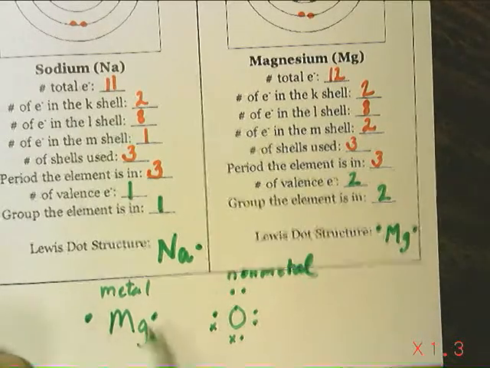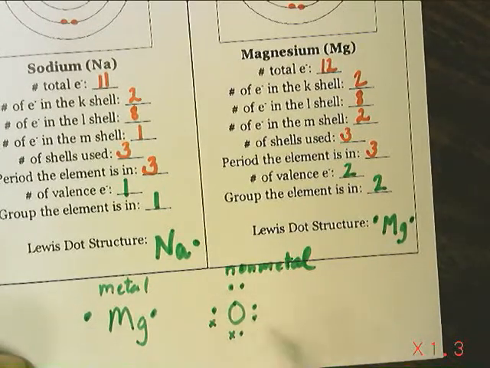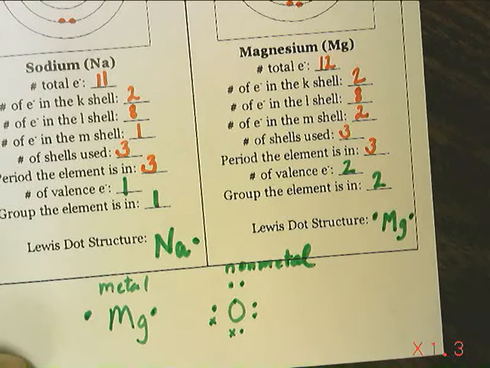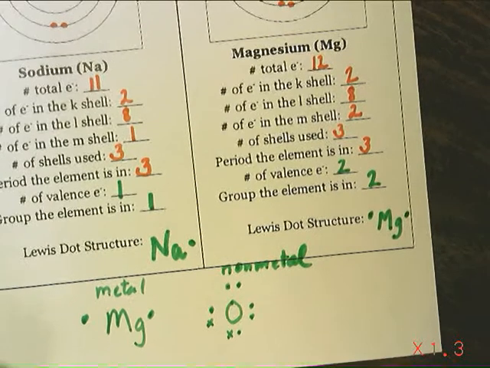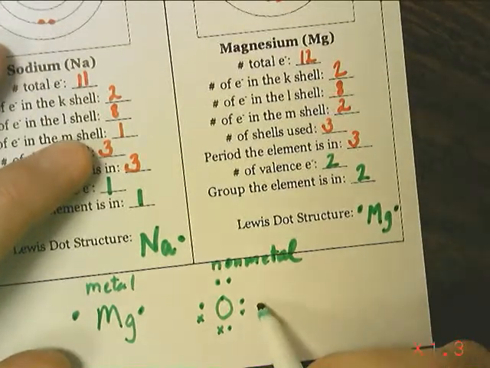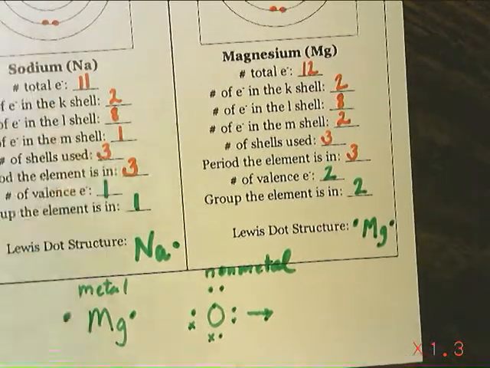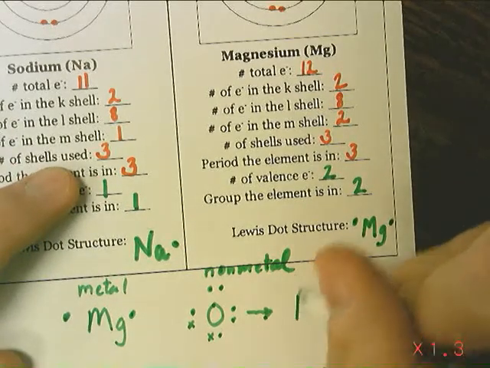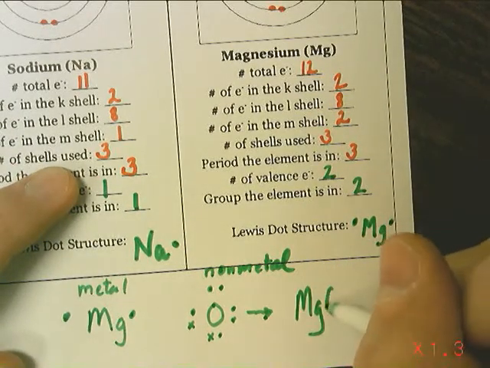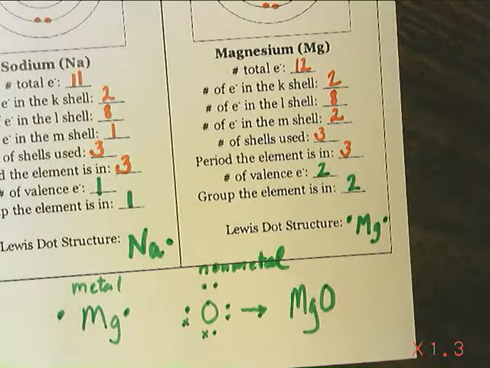Magnesium has 2 valence electrons. Oxygen needs 2. These 2 elements can bond, and they will, but not at room temperature usually. You usually have to heat them up. And when they do bond, you get a new white powdery substance called magnesium oxide.